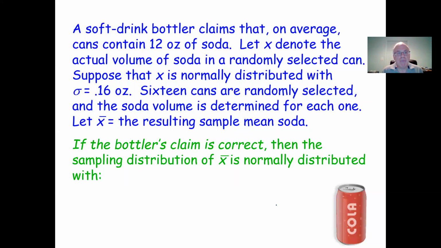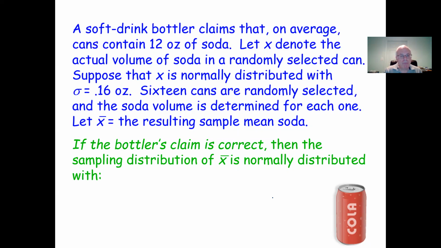So let X be the actual volume of soda in a randomly selected can. Suppose that X is normally distributed with a standard deviation of 0.16 ounces. 16 cans are randomly selected, and the soda volume is determined for each one. Let X bar be the resulting sample mean amount of soda, all right?